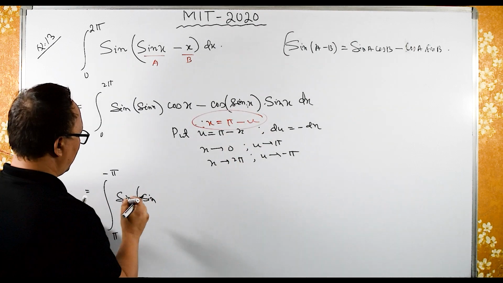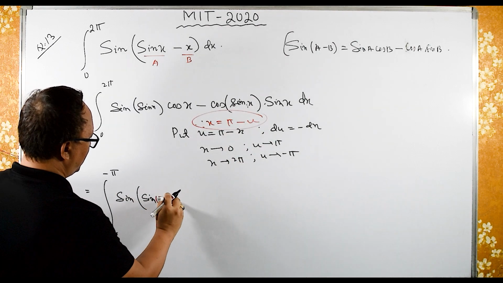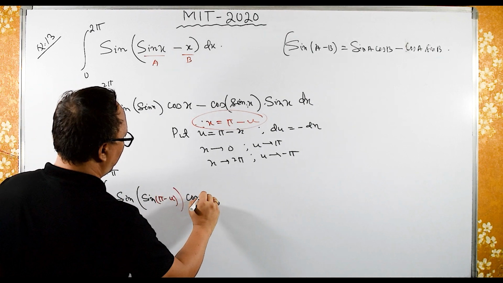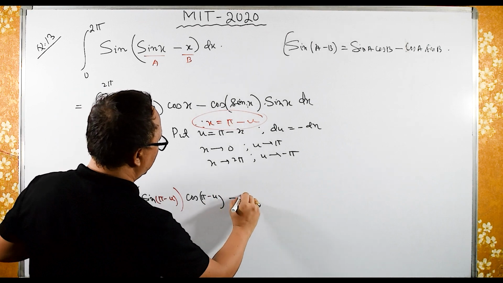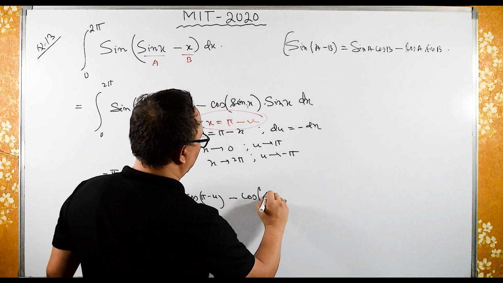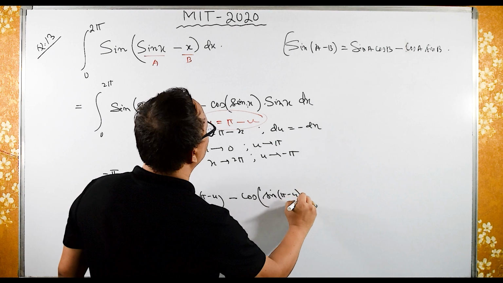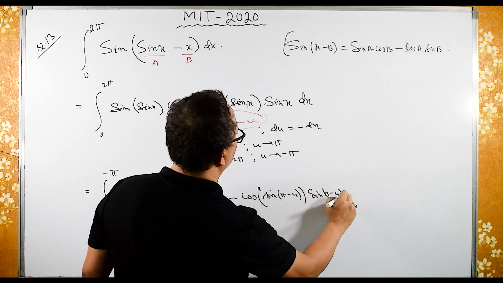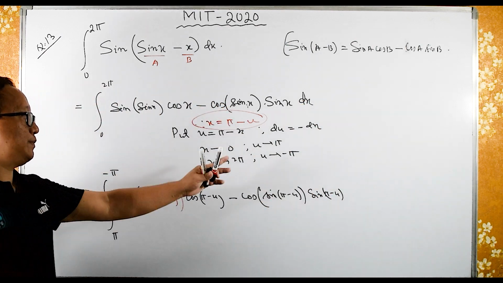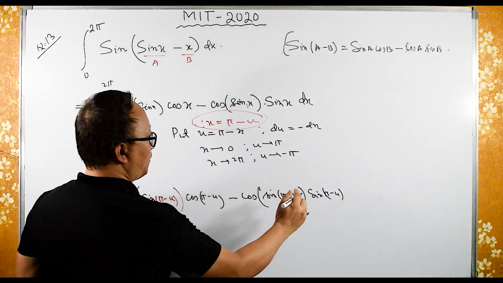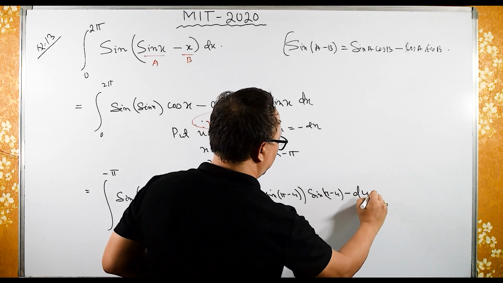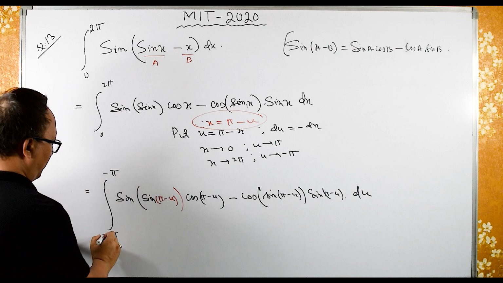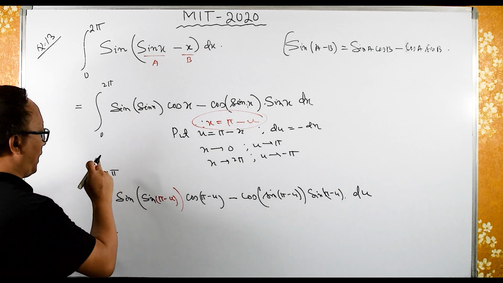So this is sine of pi minus u, and then cos of pi minus u, minus cos of sine of pi minus u, and then sine of pi minus u. And what is dx? dx is minus du. This minus I will change by changing the limits from minus pi to pi.